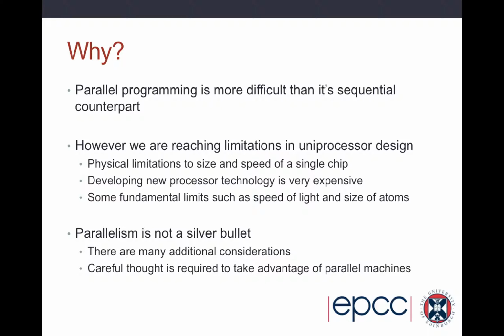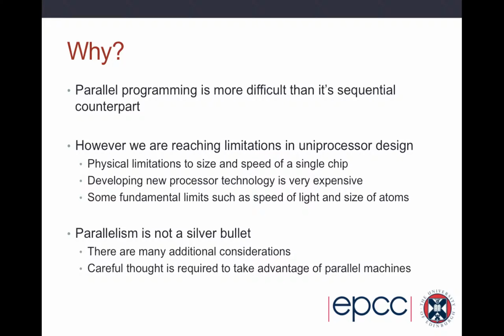We've reached a limitation in terms of producing a single piece of hardware, a serial processor that can do the work required, due to physical limitations and the development of new process technology and some of the fundamental laws of physics. So the way to try and improve performance without just making a faster and faster processor core is to use more of them and split the work up between multiple cores, and hence parallel programming.